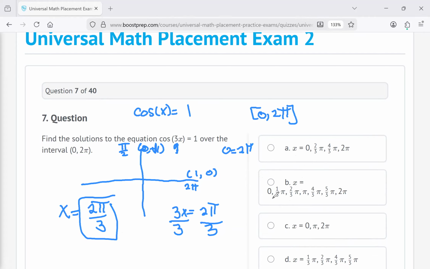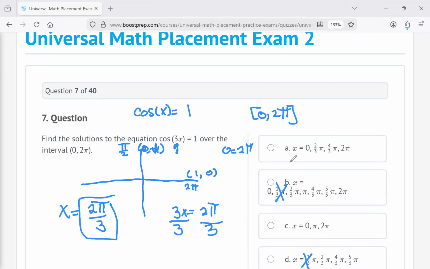No, we need a 2 pi over 3. So we don't need this 1/3 pi. D is not going to work because we never had a pi over 3 in our answer, right? So I think it would have to be 2 pi over 3.